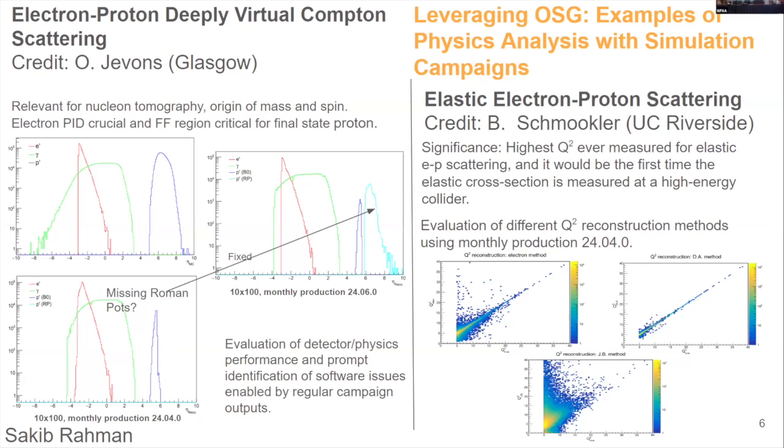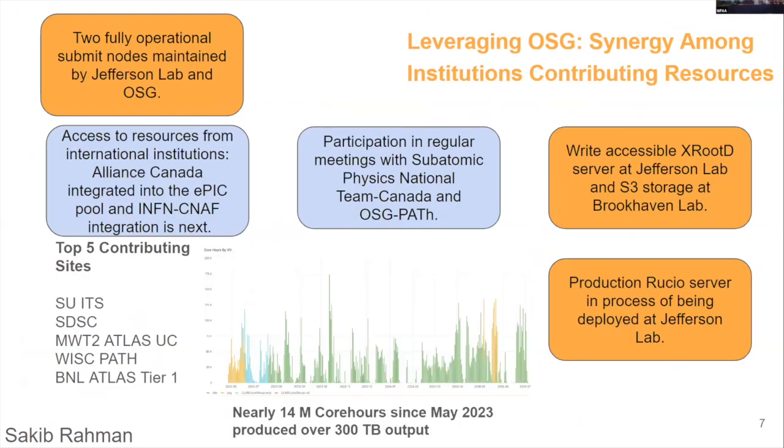All right, moving on. So how is this all coming together? What synergy do we have between the different entities that are contributing support or resources? There are now two fully operational submit nodes maintained by Jefferson Lab and OSG, where we can submit jobs from.